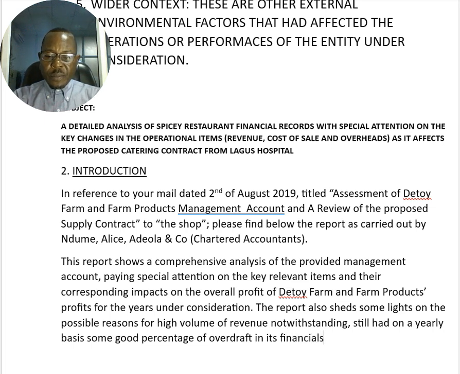So the next thing you are likely to look at now is that the report, let's put some conjunctions.